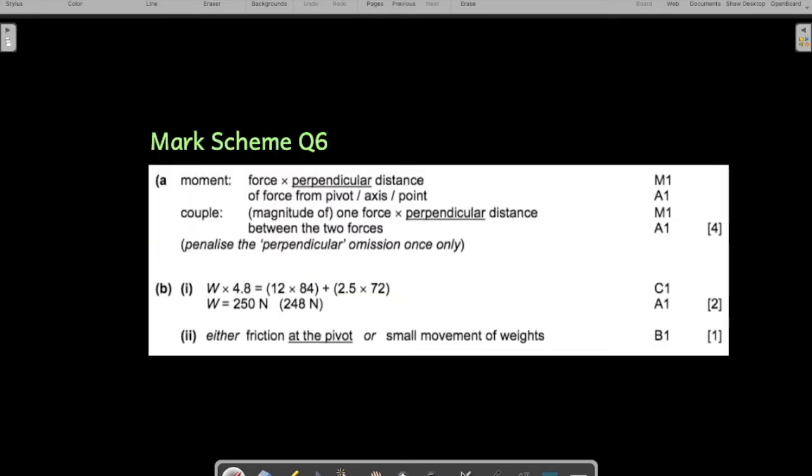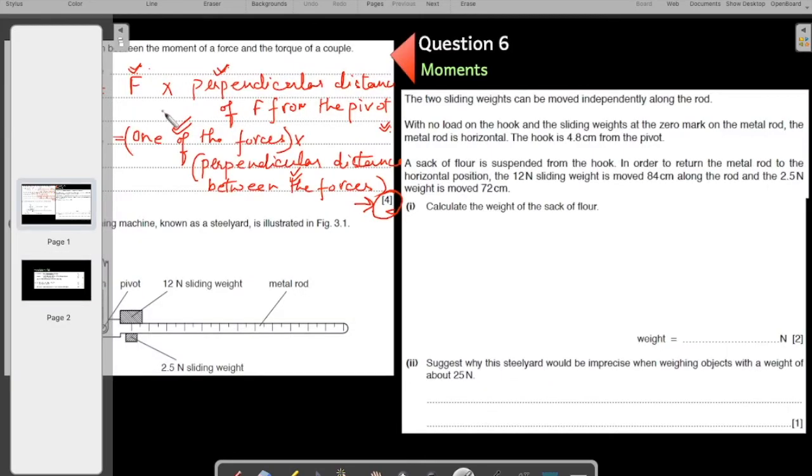Force multiplied by the perpendicular distance; couple or torque, magnitude of one of the forces multiplied by the perpendicular distance between the forces. The examiner has to penalize if the perpendicular distance is omitted. 4-mark, looking for 4 key terms.